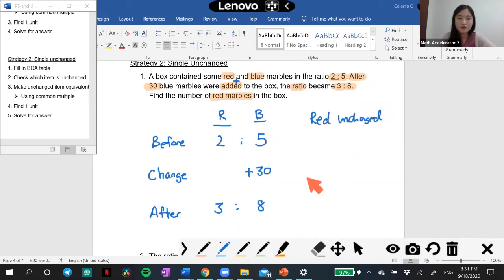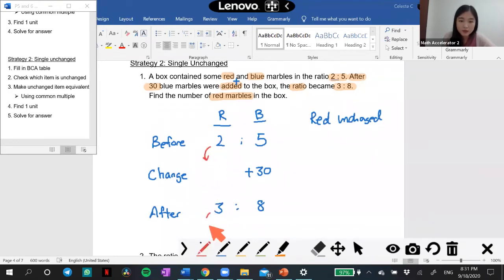Those of you who are confused, look at the row for change. The blue you added 30, but the red is blank here. Nothing happened to the red marbles. So this means that the red at the beginning must still be the same at the end. So 2 and 3, they don't look the same right now. We have to make it the same. So make it equivalent.